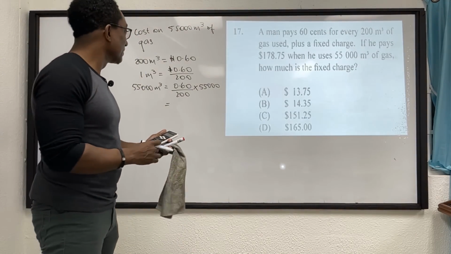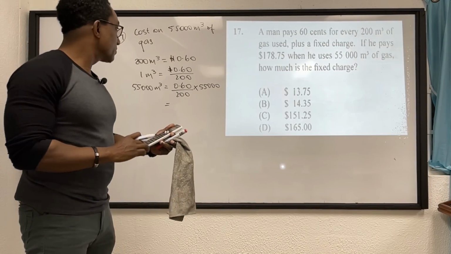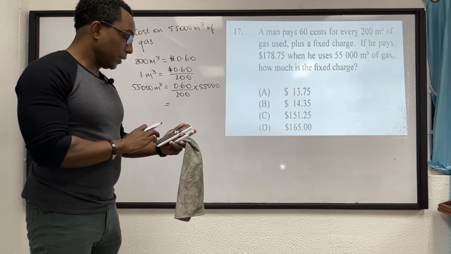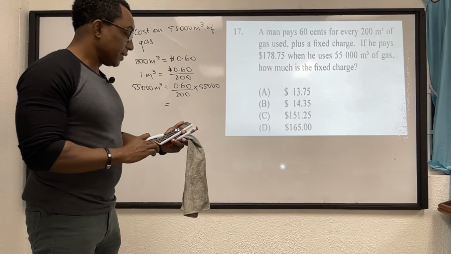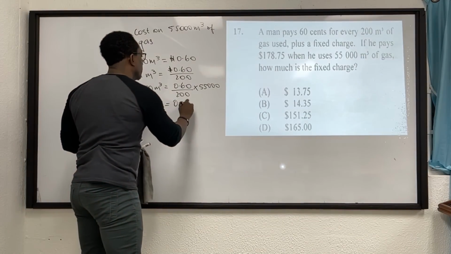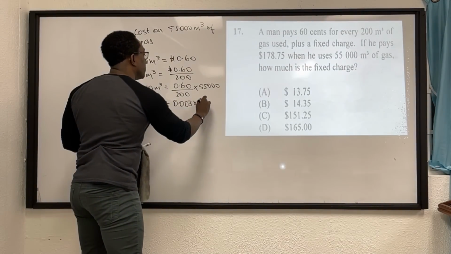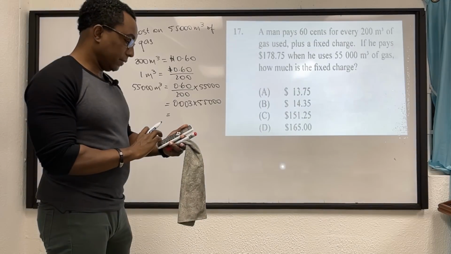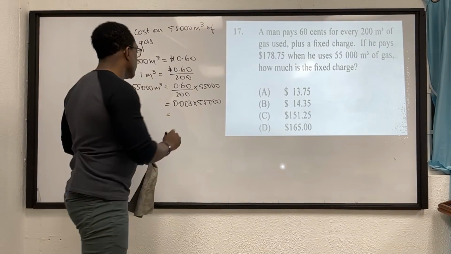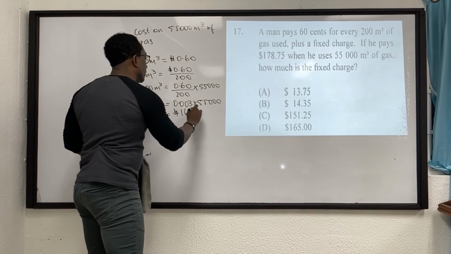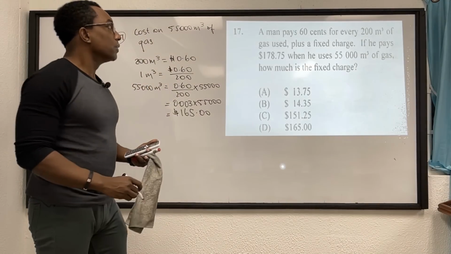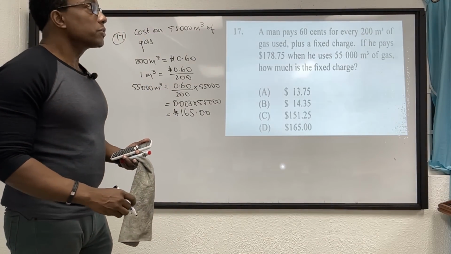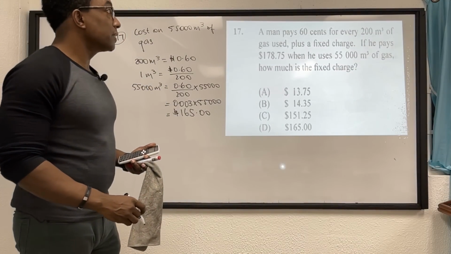So this will be 60 cents divided by 200, that's 0.003 multiplied by 55,000. And when I multiply that by 55,000, I'm going to get $165. So 55,000 meter cube of gas is equal to $165.